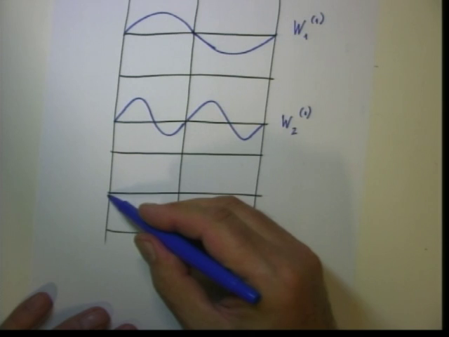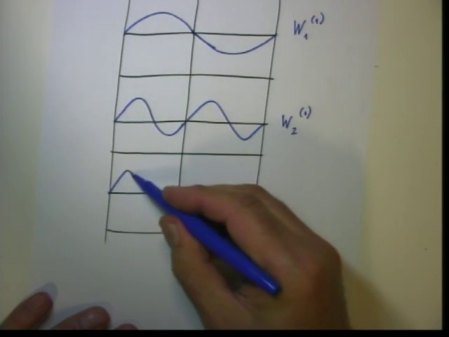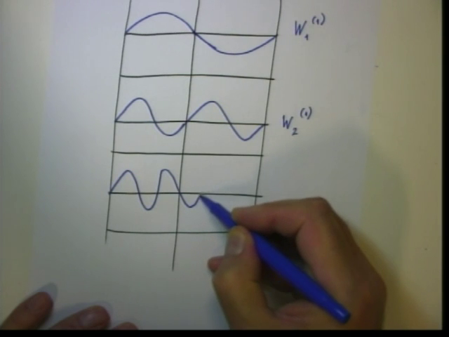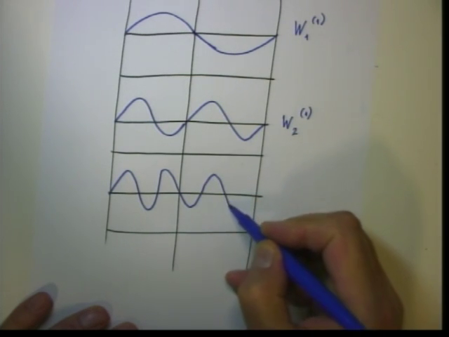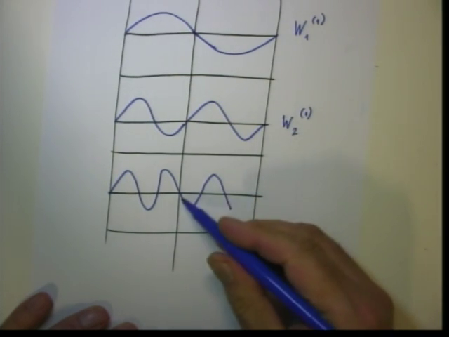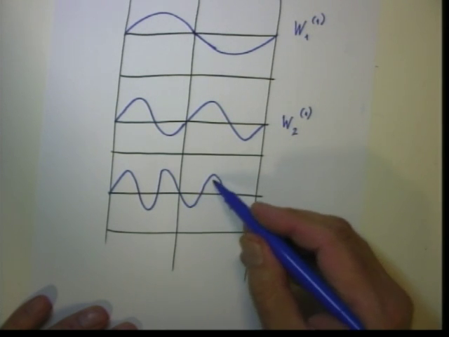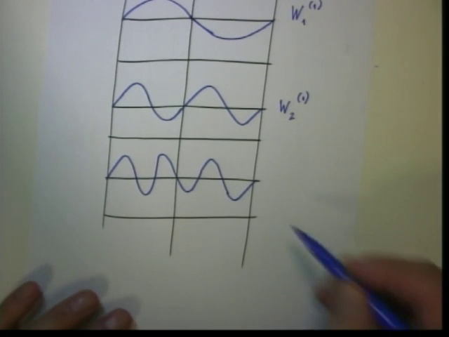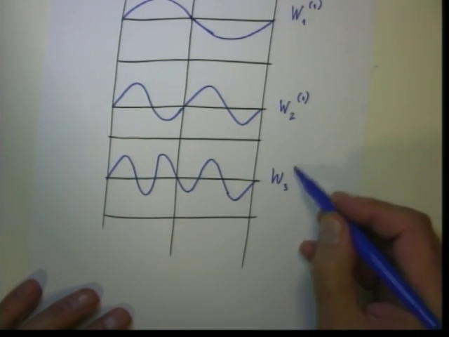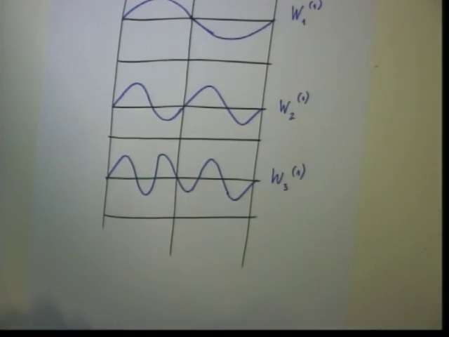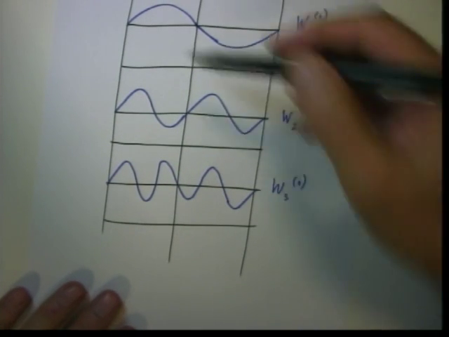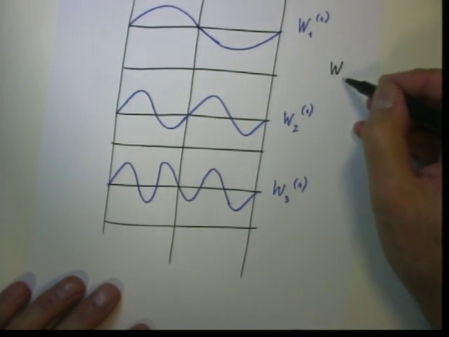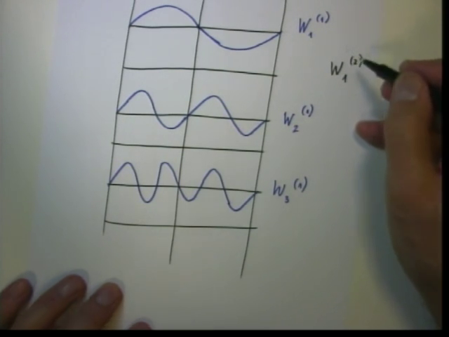Okay, and then that will be, so that is W3 in the first series. Now here will be, that is W1 in the second series.